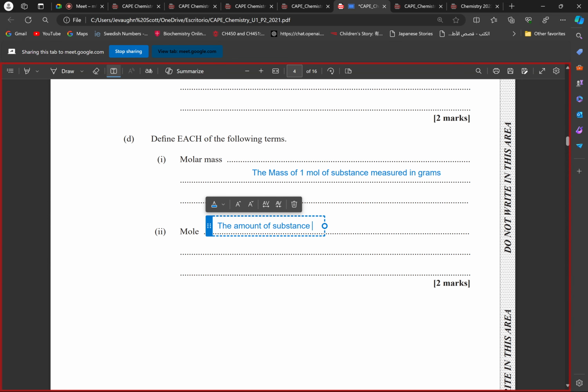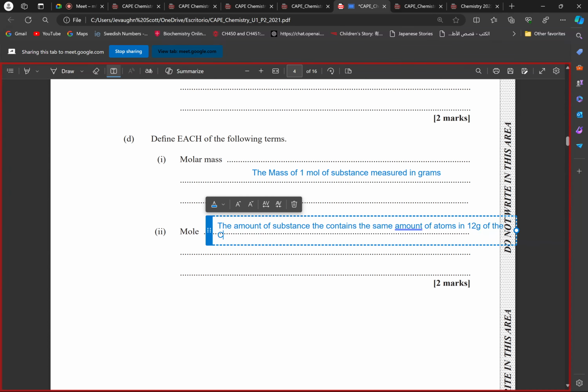The amount of substance that contains the same amount of atoms in 12 grams of the carbon 12 isotope, right? And then that would be 6 times 10 to the power of what? Avogadro's constant?